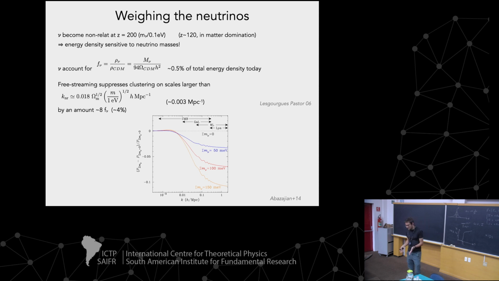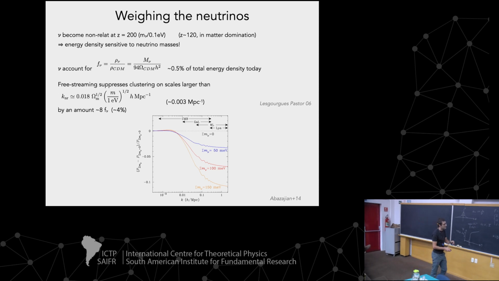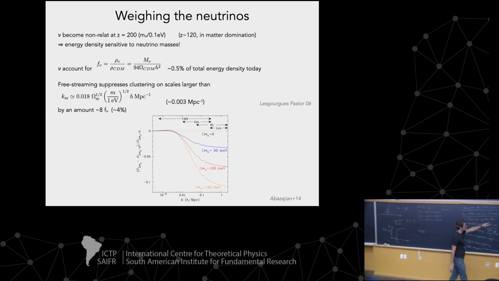So, okay, what I'm trying to say is at late times, neutrinos are a fraction 0.5% of the matter energy density. And so if you want to measure the masses of the neutrinos naively, you would need to measure the matter energy density to 0.5% precision. And one way you can do this, again, is by measuring the expansion history of the universe.